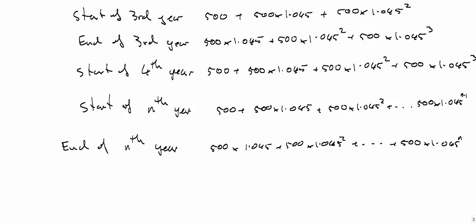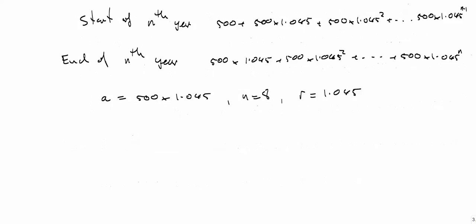We want the end of the 8th year, so let's put down first term a. Well, that's 500 times 1.045. How many terms? Well, n is 8, and r, the common ratio, is 1.045. And the sum of a geometric series is a times r to the n minus 1 over r minus 1.